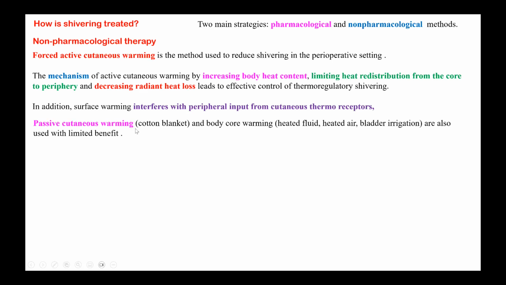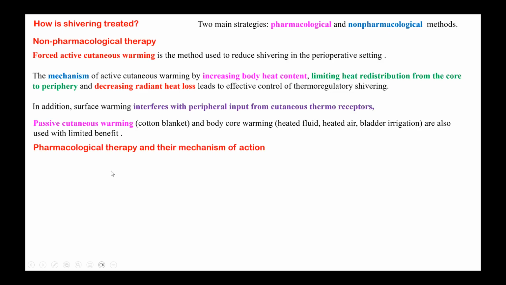Passive cutaneous warming with cotton blankets and other warming devices like heated IV fluids, heated air, even bladder irrigation with warm liquids can be done in severe cases, and that is useful to some extent, but nothing beats forced air warmers, which are commonly used nowadays.